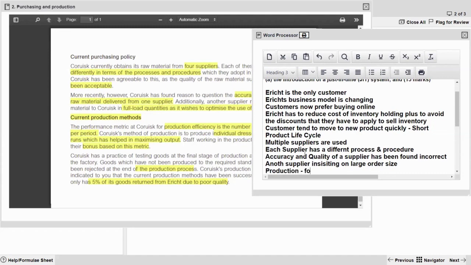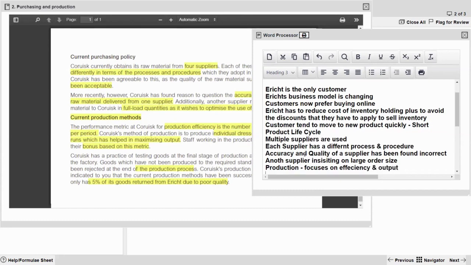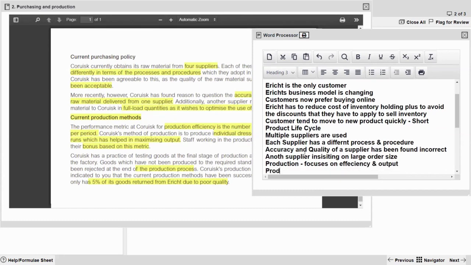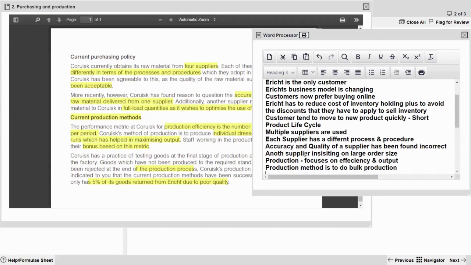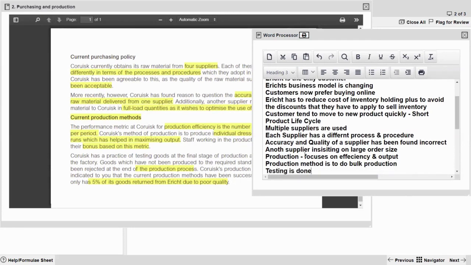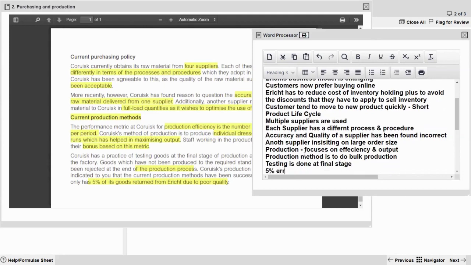Production focuses on efficiency and output. Production method is to do bulk production. Testing is done at final stage. A 5% error is found and goods are returned.